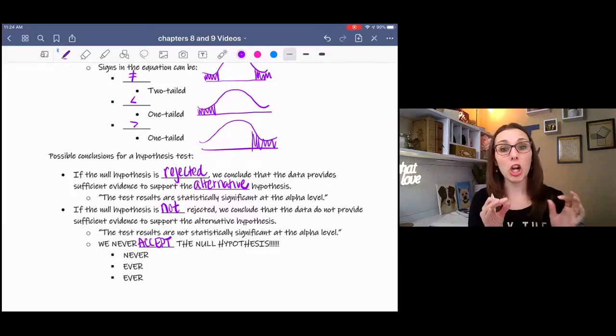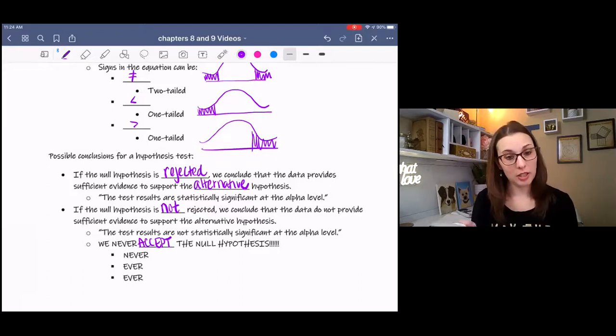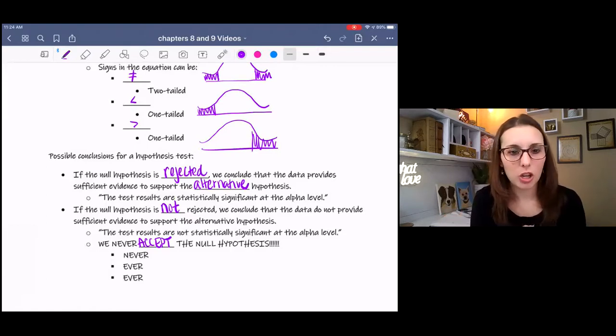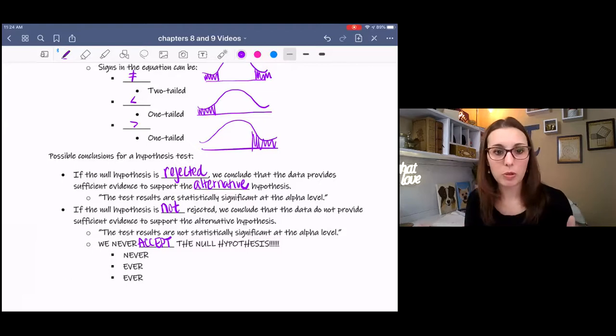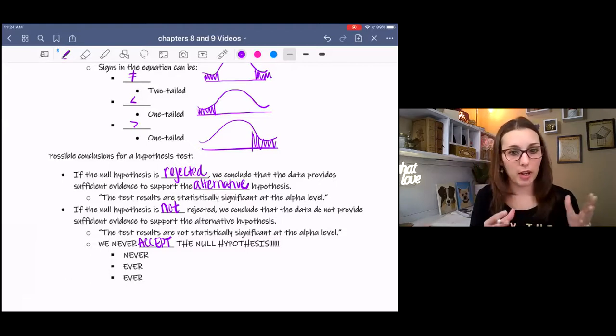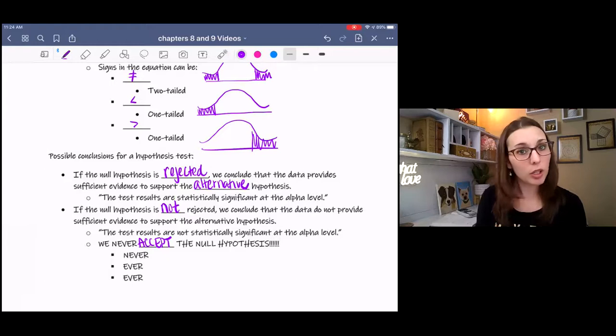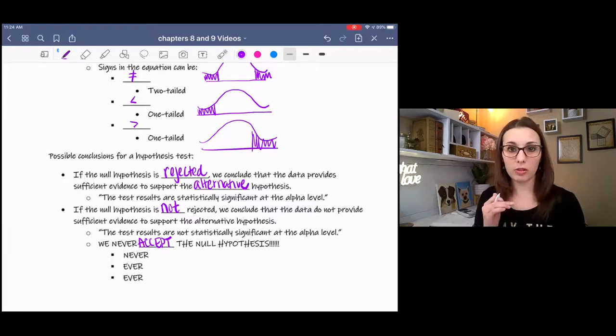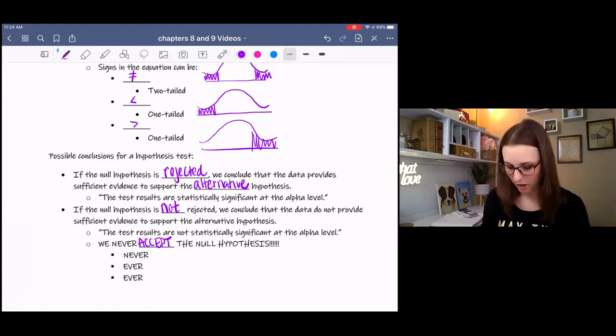We can not reject it, but we never accept it because we're just making inferences. So we never use the word accept. We can provide sufficient evidence to support one or the other, but it's never accepted. Okay, that's important. Never, ever accept. Moving on.